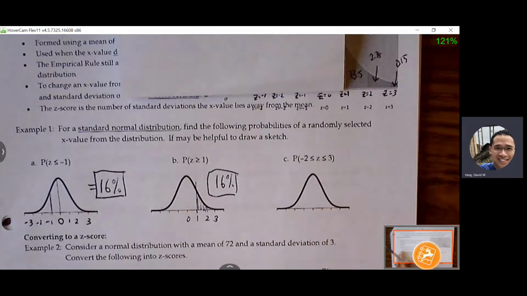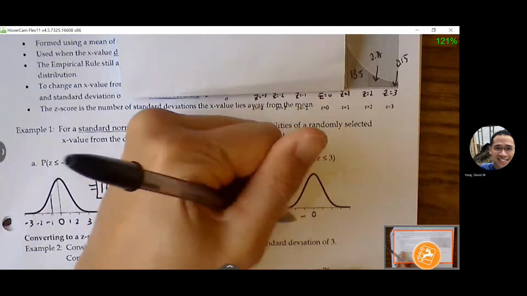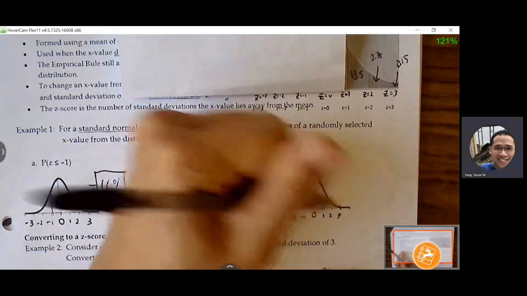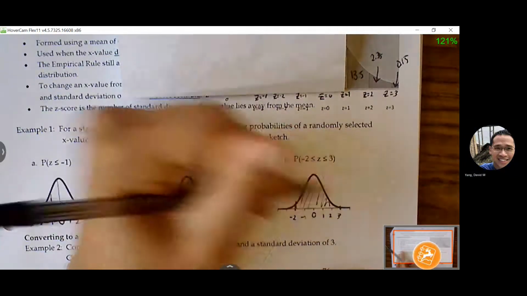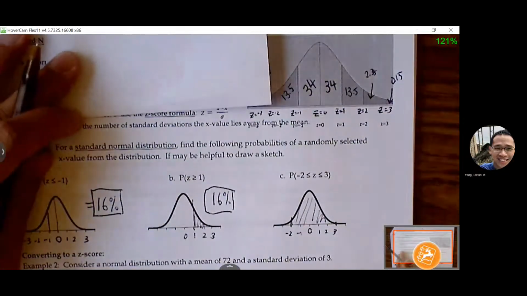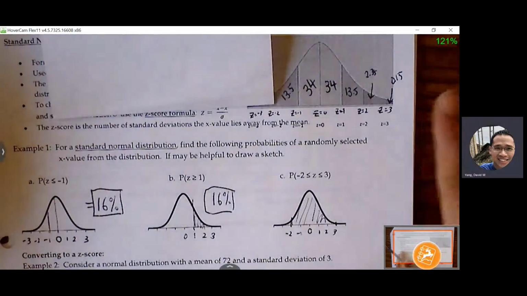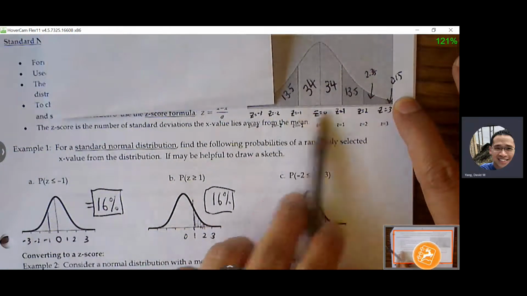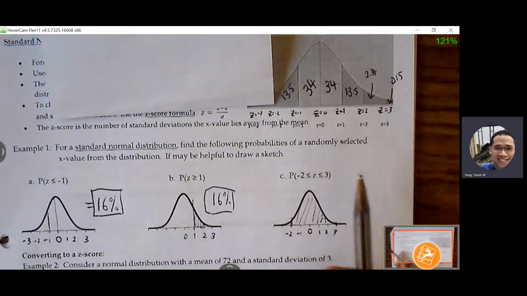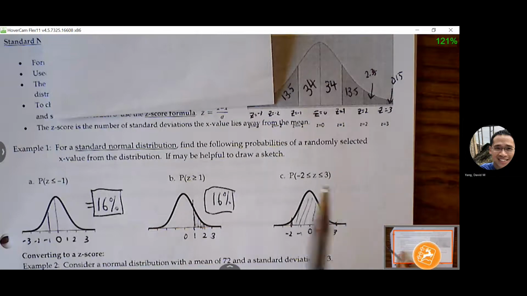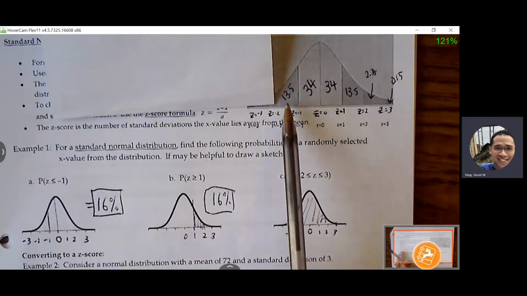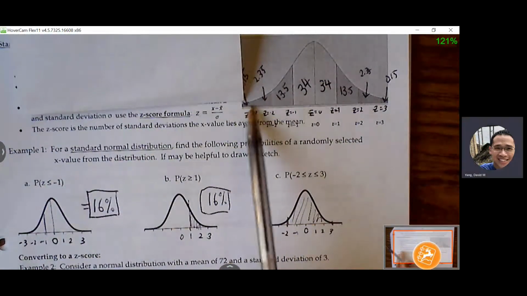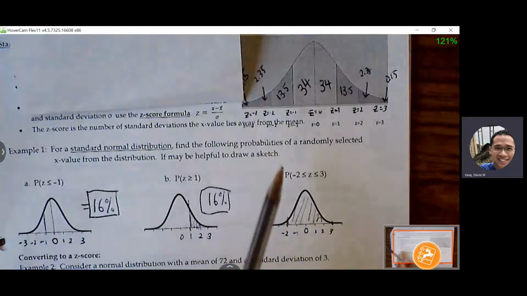Okay, between -2 and 3. Add up all those numbers. Or we can do 100% minus 2.5. Let's see here.